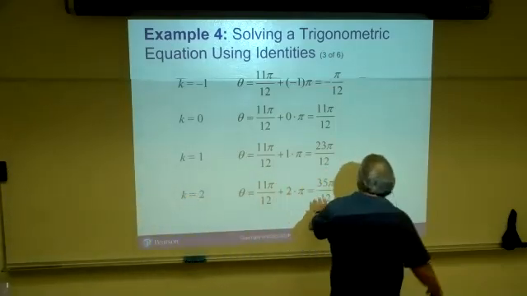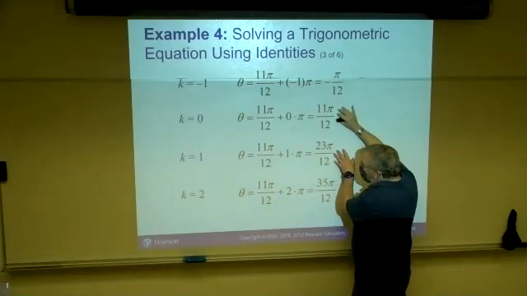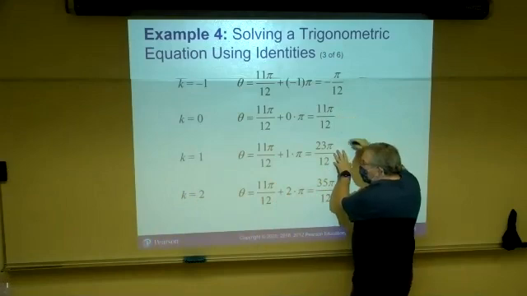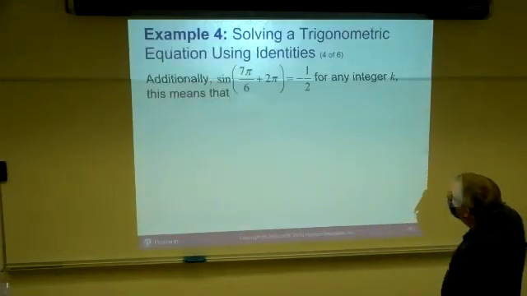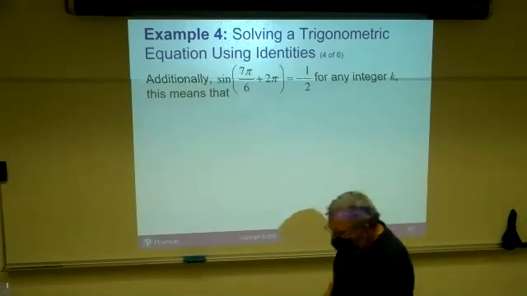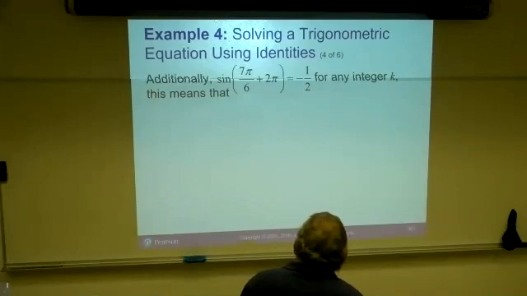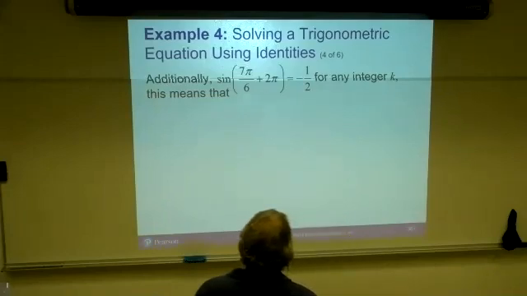So these two here are not between 0 and 2 pi. So it has to be these two angles. But 2 times this angle, additionally, sine of 7 pi over 6 equals a negative 1/2 for any integer k.